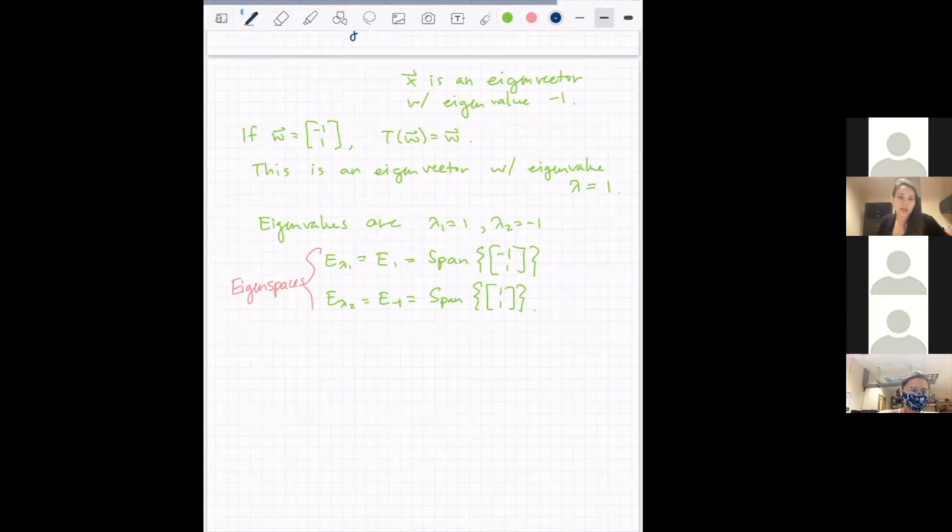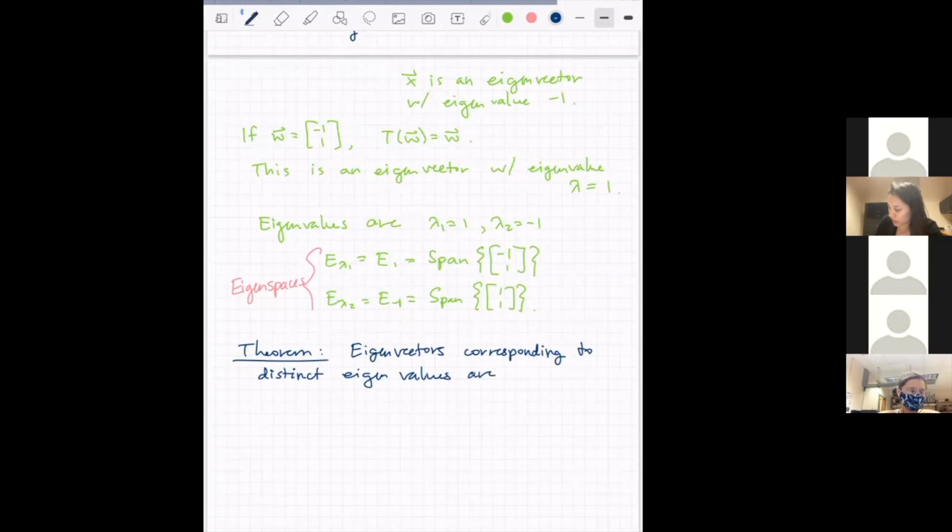So we have the following theorem regarding eigenvectors. And I think we will not prove this, but it is proven in the book, so you can reference that. So eigenvectors corresponding to distinct eigenvalues are going to be linearly independent.